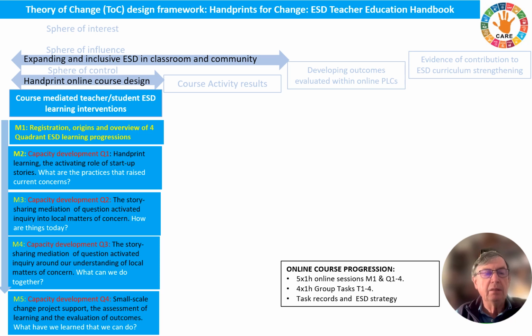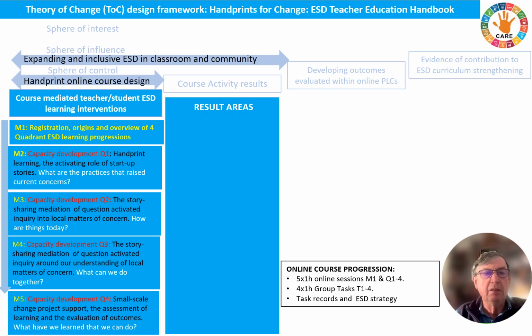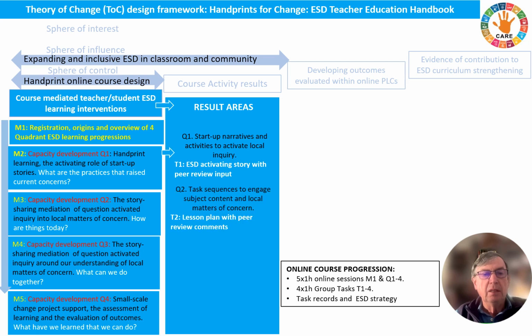Then we could expand this into assessment of the result areas. Result area 1 would be quadrant 1, startup narratives, and the task would be activating a story with peer review. That would save on assessment.